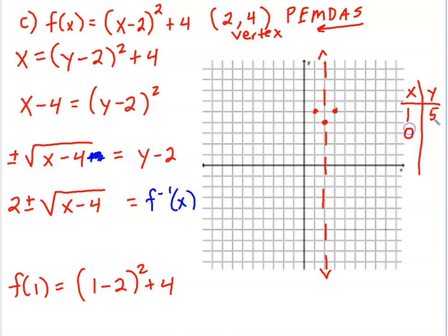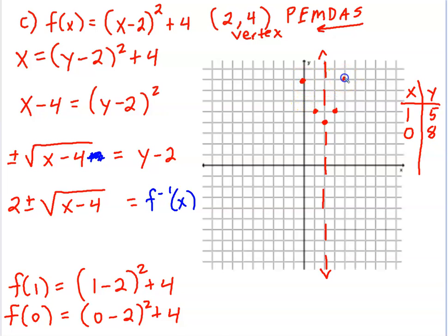I'm going to input 0. So let's calculate f of 0. This time 0 replaces x. And we want to see what comes out. So parentheses first, -2 squared is +4, and 4 + 4 is 8. So the point 0, 8 is on the graph.